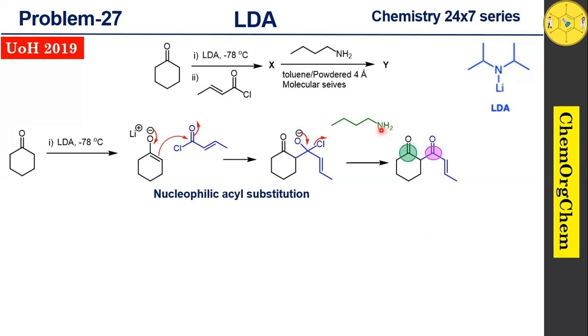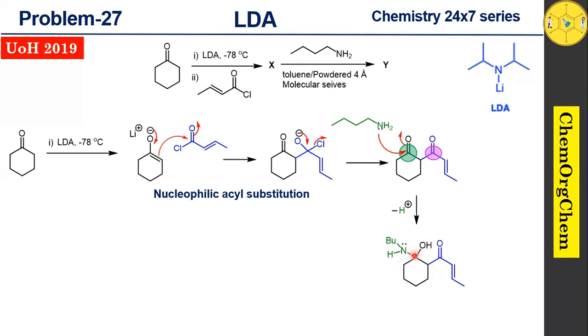Here you see this lone pair of electrons readily attacks this carbonyl carbon, then the pi electrons move towards this oxygen atom, producing the corresponding tetrahedral intermediate after the loss of H plus ion. Now you see this intermediate quickly loses a water molecule to produce the corresponding imine.